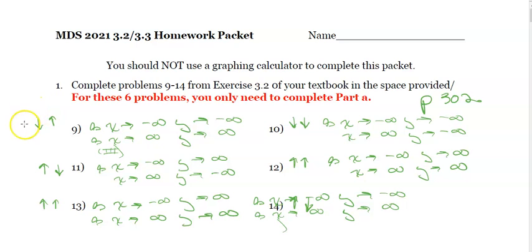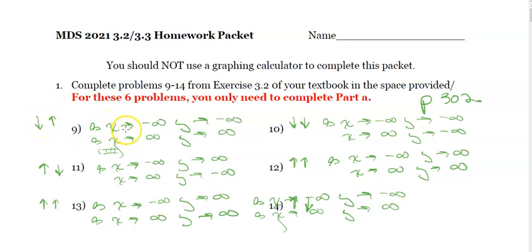This little notation you may use if you like. This is telling me that the degree is odd and the leading coefficient is positive. When that is the case, this is how it looks. Now, you cannot just write this down for your end behavior. Think of it as your little cheat sheet.